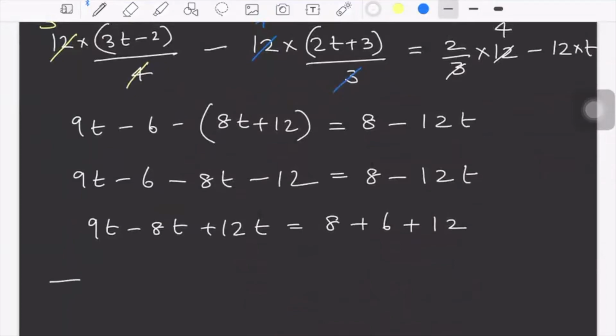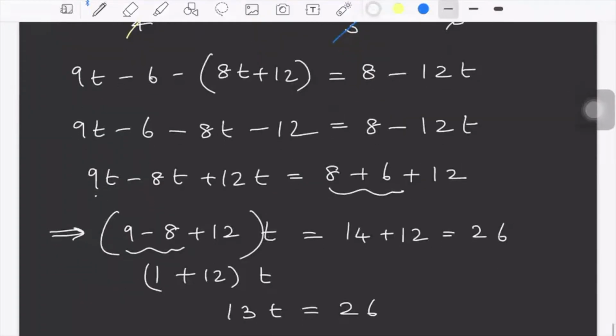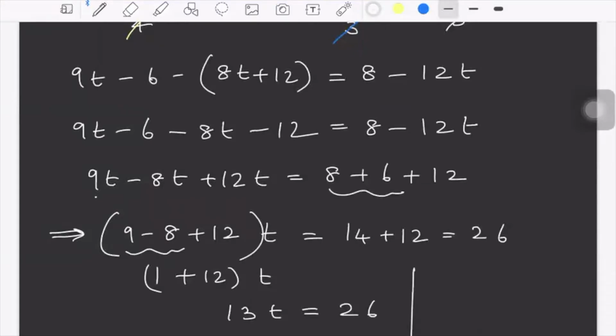And LHS, if you take t outside, is going to be 9 minus t plus 12, is equal to 14 plus 12, which is 26. And here it is 1 plus 12. So this is 13t is equal to 26. And your t value is 2.